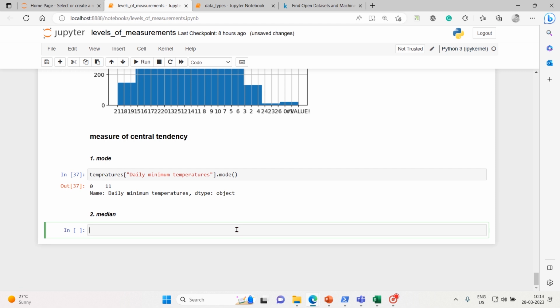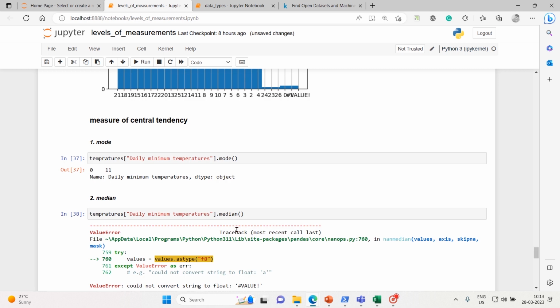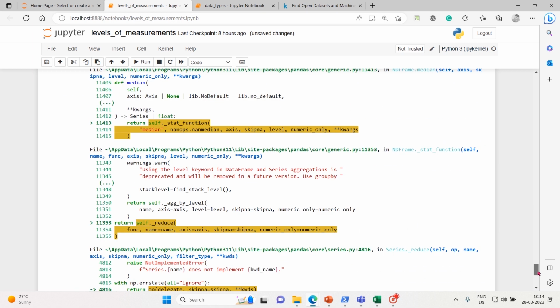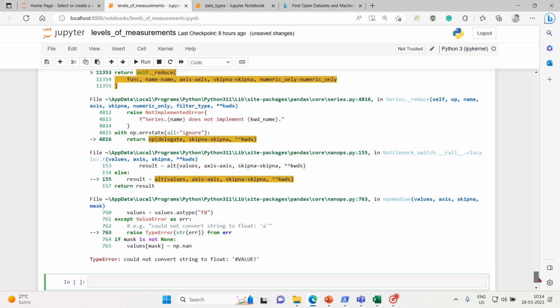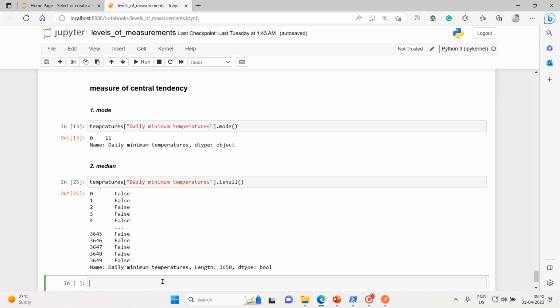So let me paste it here, and instead of mode I'm going to use median. Could not convert string to float. So let's check what is interrupting us from calculating the median.